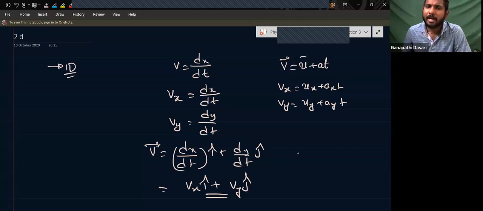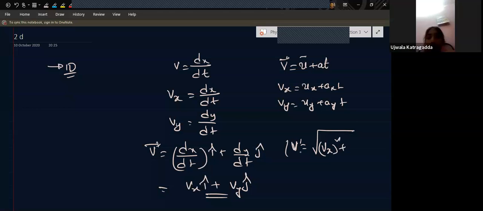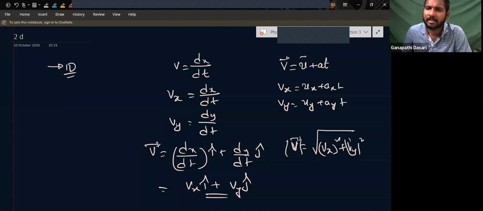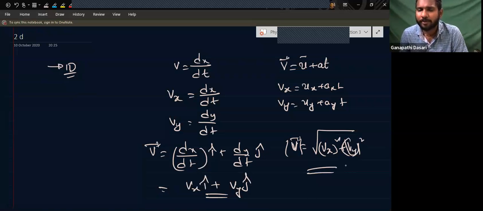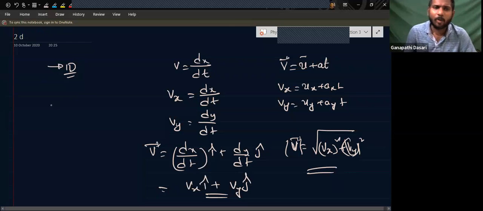What is the magnitude of velocity? It is root over vx square plus vy square, because both are perpendicular to each other, so we can find the resultant magnitude. Whatever we have learned in 1D can be extended to 2D.